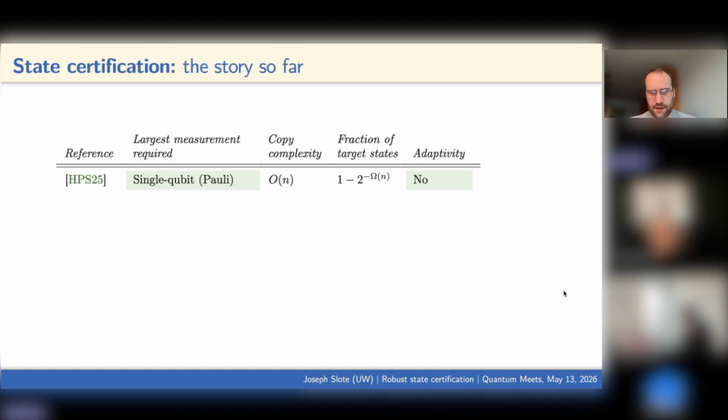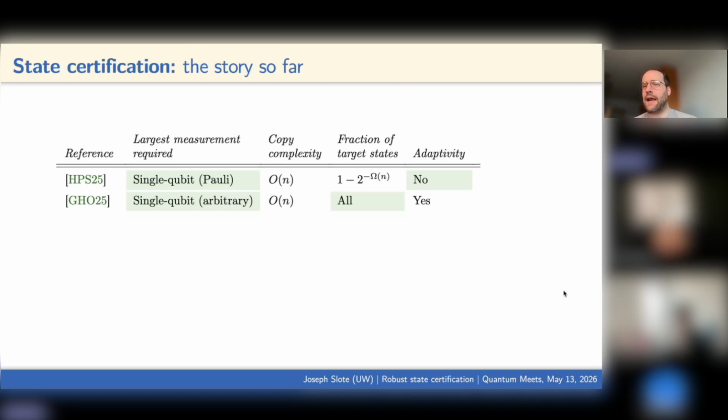Okay, but you may definitely want to get all states, entirely. And this was resolved by this lovely work of Gupta, Hayashi, and O'Donnell in the most recent QIP. And they do get all states.